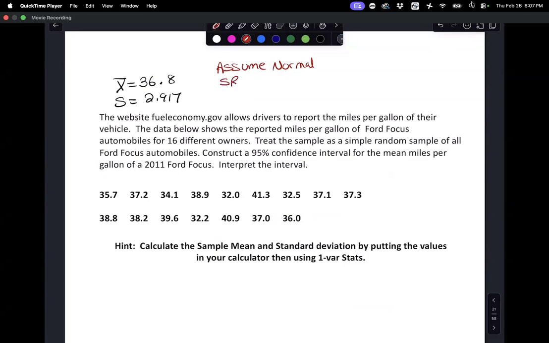I usually do SRS and then just put a check mark next to it. If you don't mention it, I'm not going to mark you down for it, but it's just the boxes I check as I go. And then how many do we have? 16. So 16 is less than 5% of drivers, I guess, of our population. All right, we got all that out of the way.